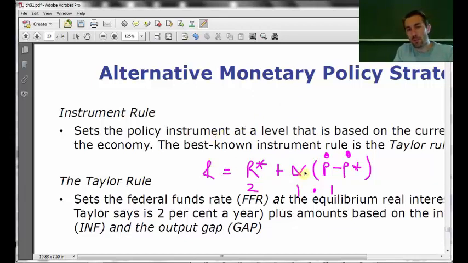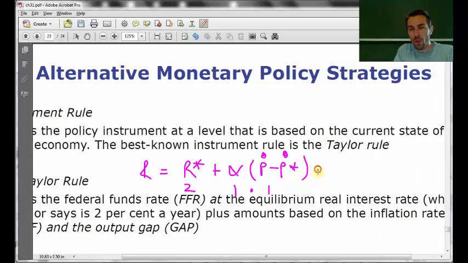And in the Taylor rule, it's not just if there's an inflationary gap, but also what if there is an output gap? If output is greater than equilibrium long run full employment output. Okay? So let's say inflation is above what it should be, and output is above what it should be.